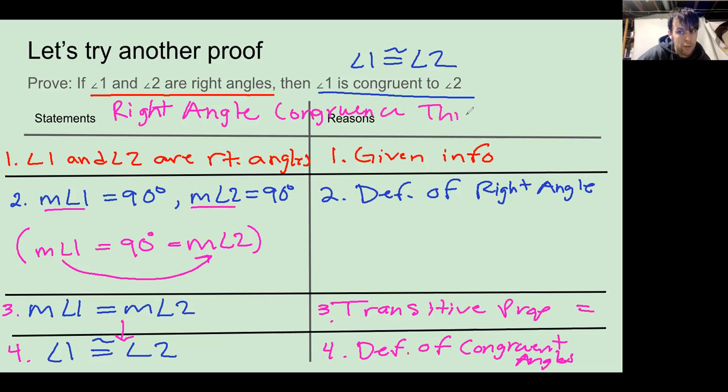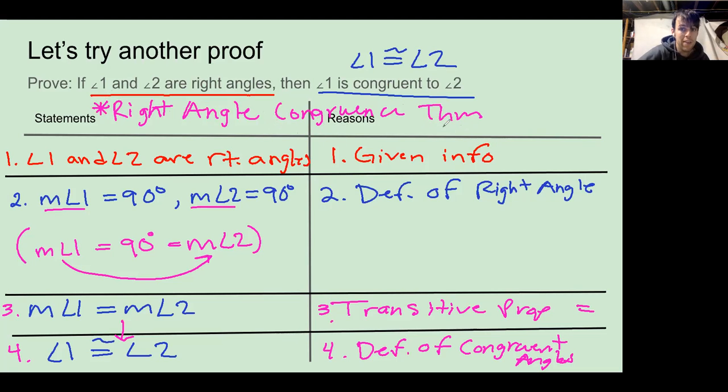Right angle congruence theorem. Basically, the right angle congruence theorem says that all right angles are congruent. If this is a right angle and this is a right angle, they're congruent to one another no matter what. Because they're both right angles, then they have to be congruent to one another. And the great thing about what we're doing here and what geometry does is once you prove something like this, then you can use it in other proofs.